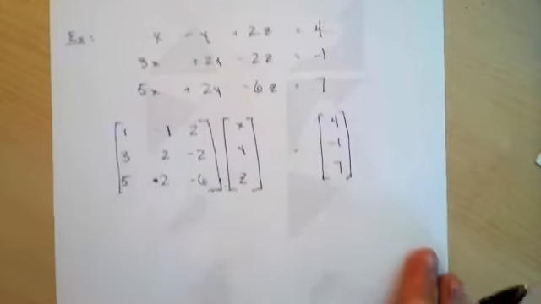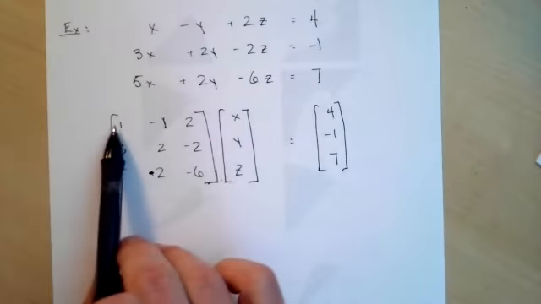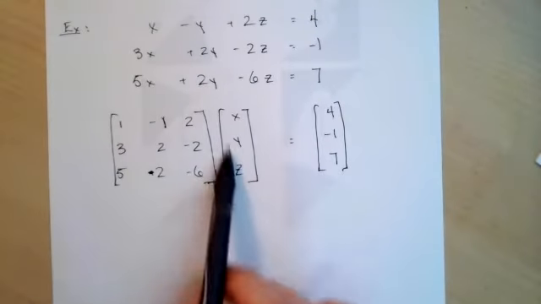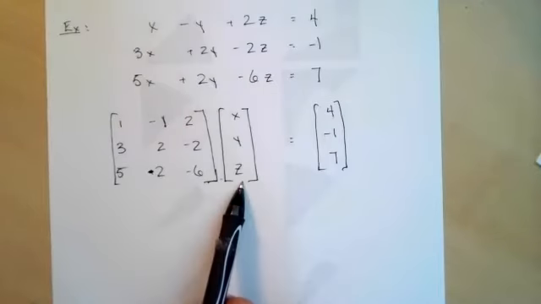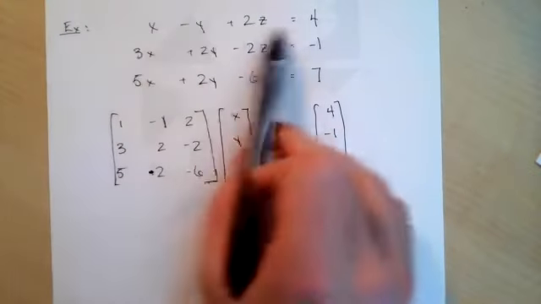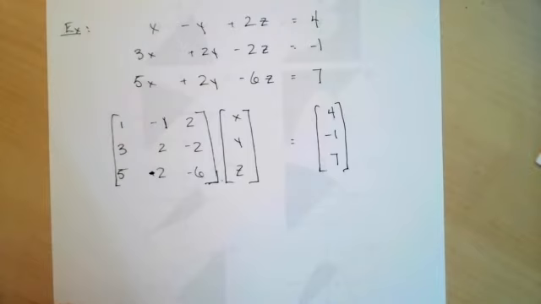Check this on your own: if we now do a matrix multiplication on this column vector containing our independent variables, then we will recover this system of equations.